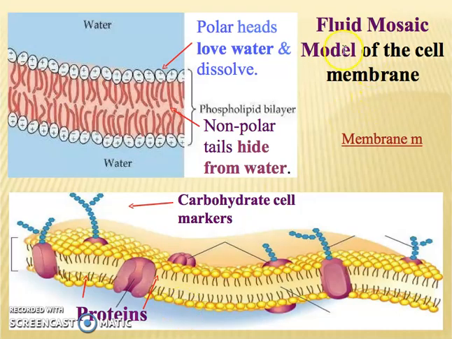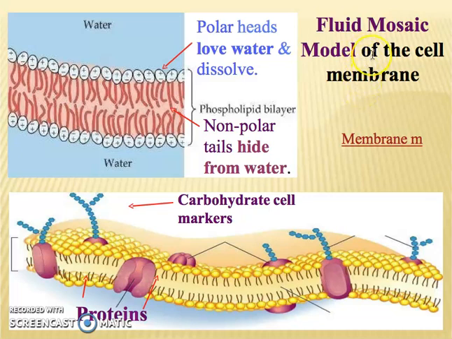Now you can see the fluid mosaic model of the cell membrane, and this is the model on the basis of which we have got our cell membrane structure. When we talk about the word fluid, that comes from the material of its structure. The cell membrane is not a hard material, rather it is like a fluid material which is flexible enough to accommodate any changes in it.